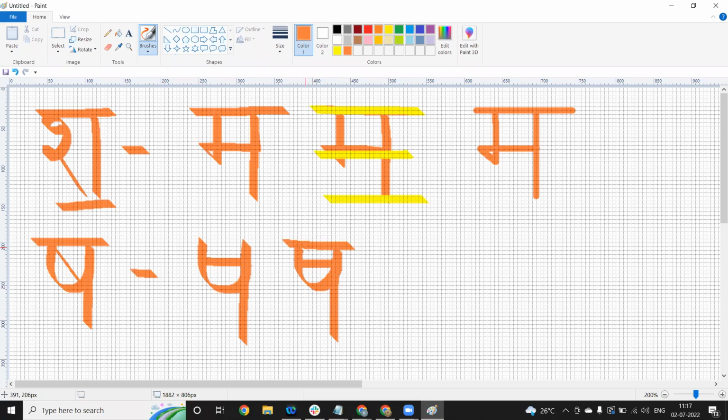So this is the only point of differentiation between this letter and tha. Tha has a shirorekha, and this one doesn't have. Okay, so this is it. I'm showing it within the three lines. This is not a shirorekha that I'm drawing on the top.